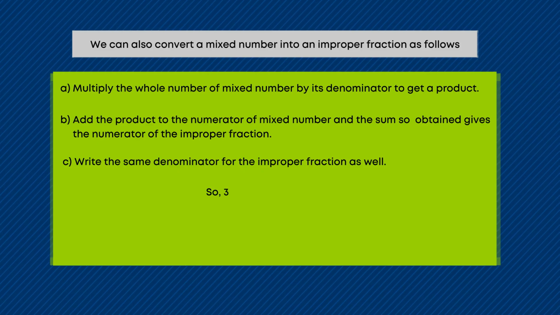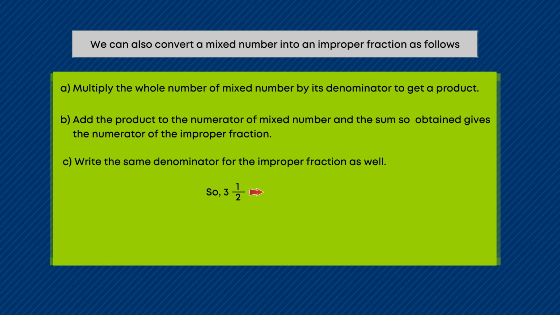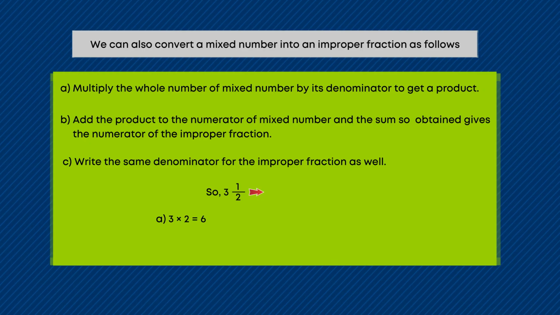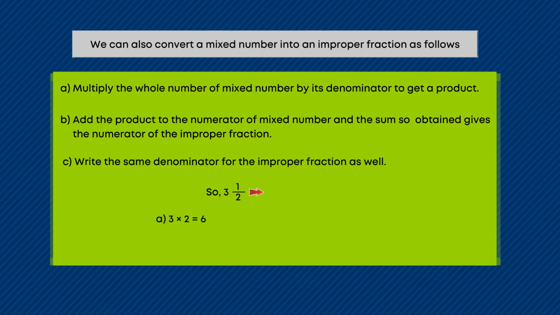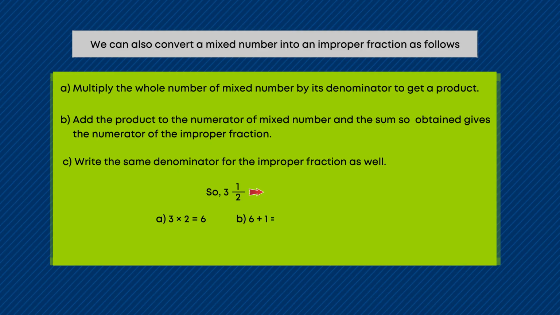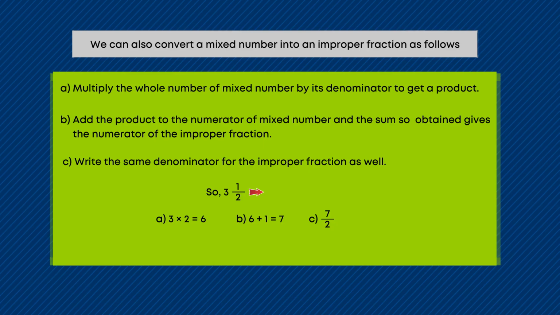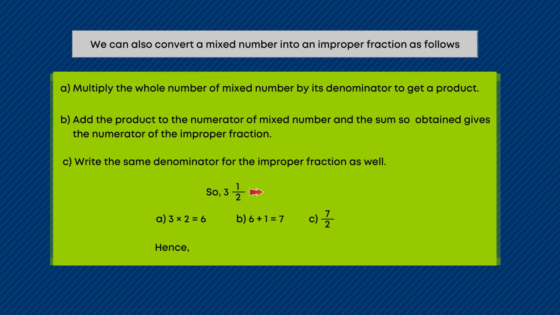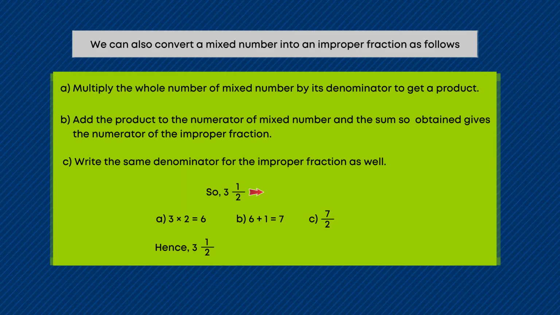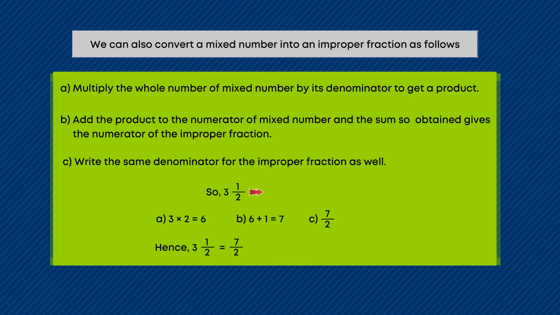So, 3 1/2 is: A. 3 into 2 is equal to 6. B. 6 plus 1 is equal to 7. C. 7/2. Hence, 3 1/2 is equal to 7/2.